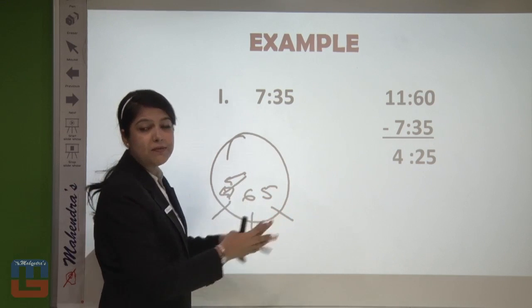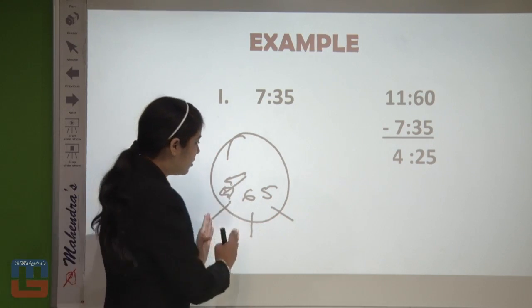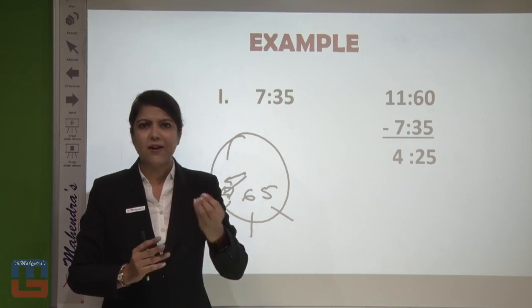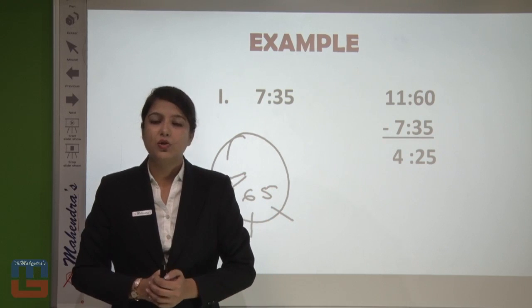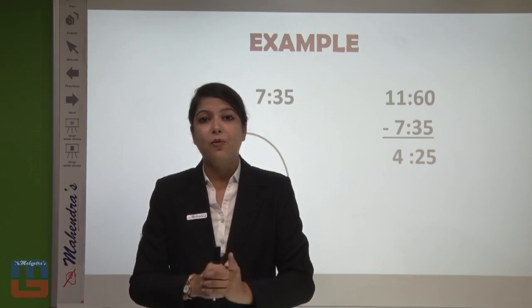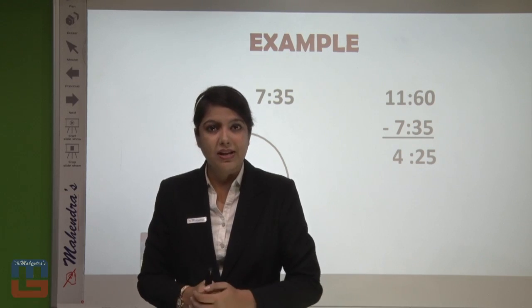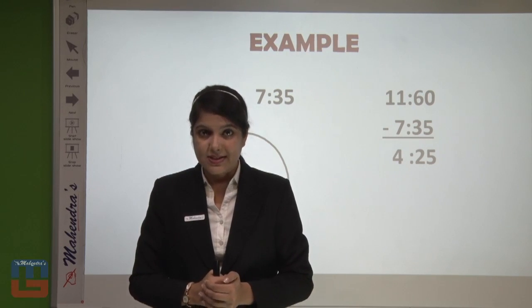When it is reflected, its reflection will be near 5 and 4, and that timing would be declared as 4:25. So the mirror image of 7:35 will be 4:25. Clear with that? We can directly get the answer by subtracting from 11:60.